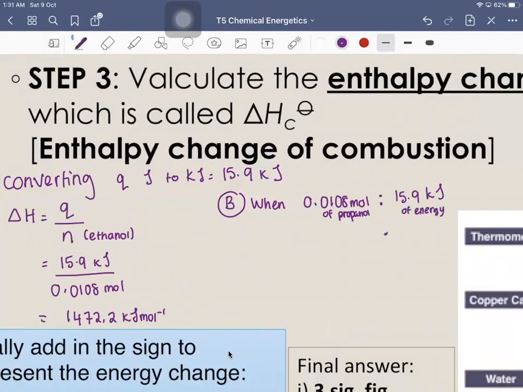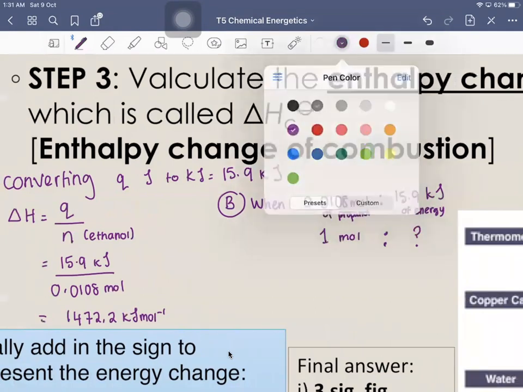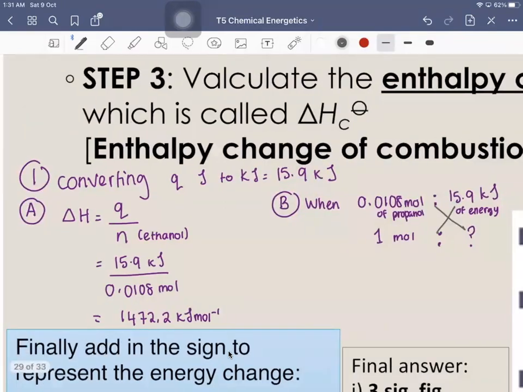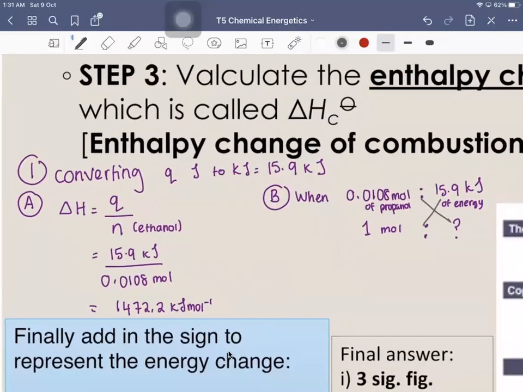What is the amount of energy released when I burn 1 mole of propanol? And this is actually just the same: 15.9 divided by 0.0108. So it's up to you whether you want to choose method A or method B.